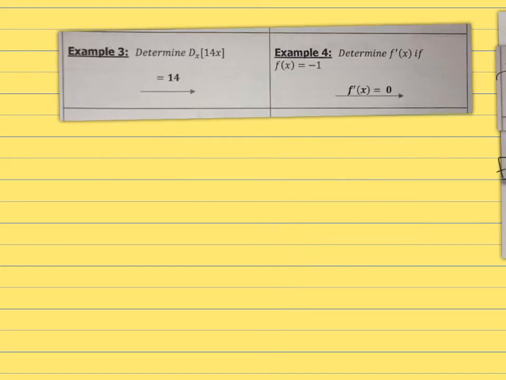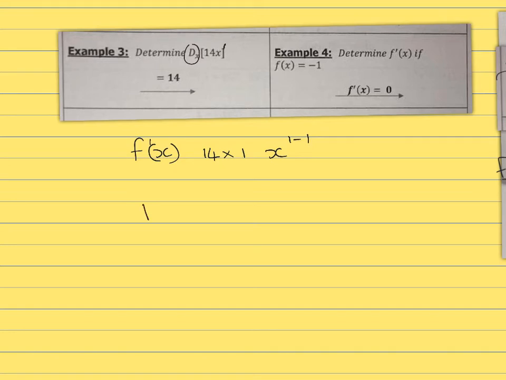Example 3, determine dx, where there's in brackets 14x to the power 1. Now we know this is the same as that. So it will be 14 times 1, because that's to the power 1, x to the power 1 minus 1.